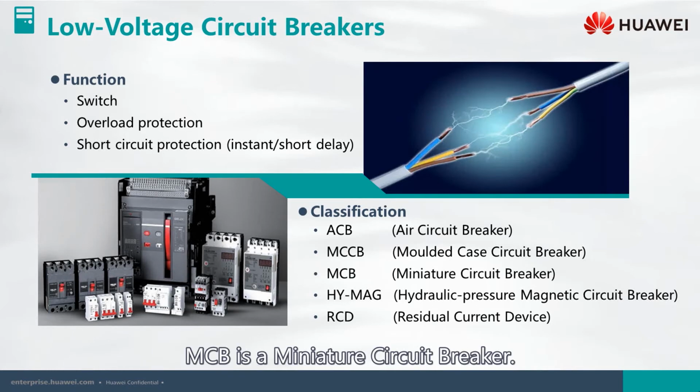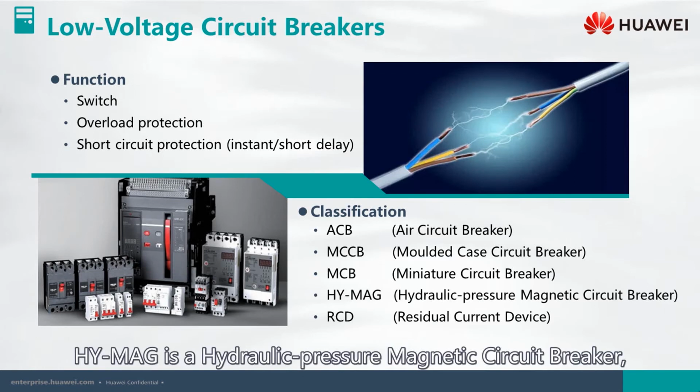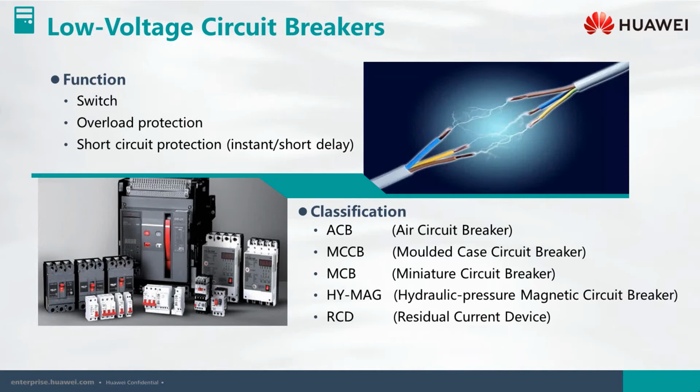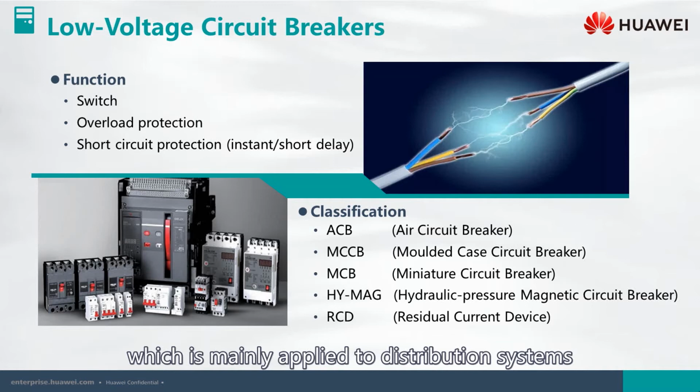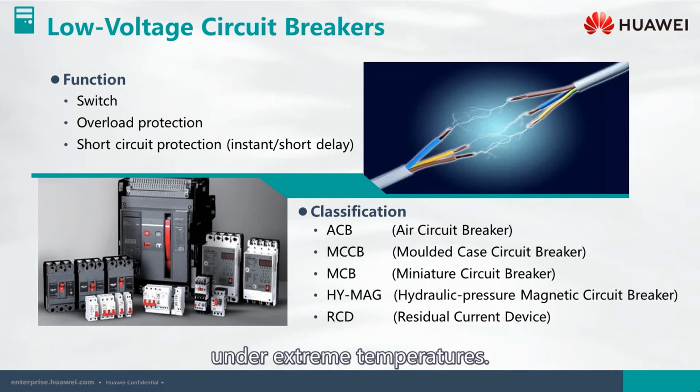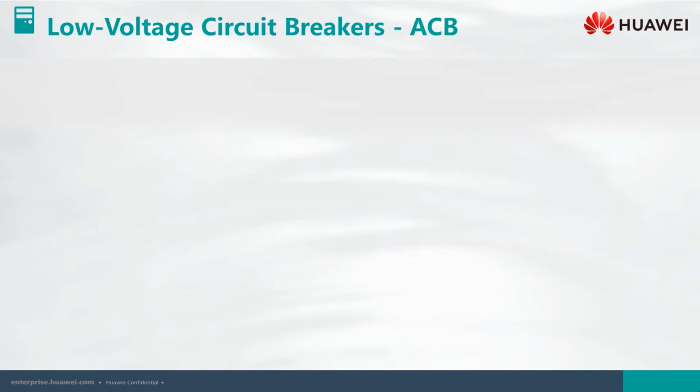MCB is a miniature circuit breaker. HYMAG is a hydraulic pressure magnetic circuit breaker, which is mainly applied to distribution systems under extreme temperatures. RCD is a residual current device.